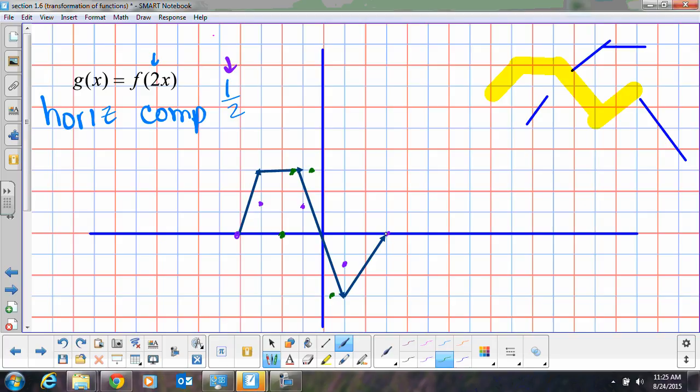This is 3, 1.5. Now that is a horizontal compression. If you were to take your hands, put them on the original graph and push your hands together, does it make sense that it would shrink it like this? You see it? Okay. So please make a notation. I did that wrong.